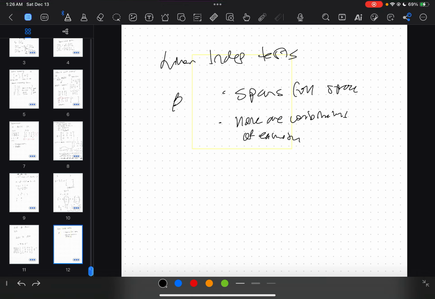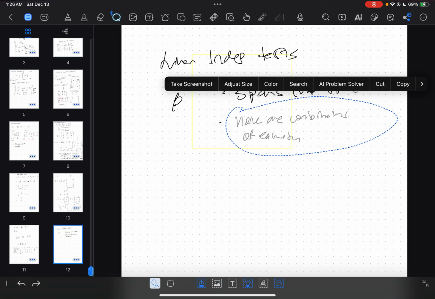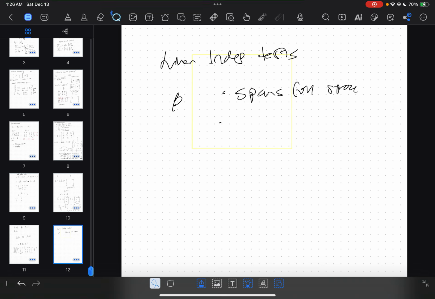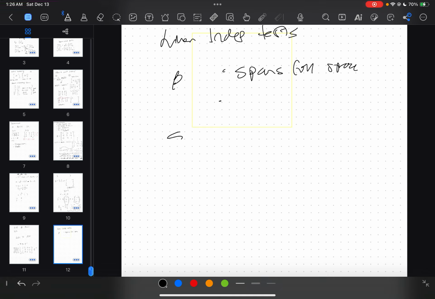Oh wait, that's for checking if it's a valid basis, but that's not what we're talking about. Linear independence, though, for a basis, by definition, it spans the space, and it's stuff about linear combinations. So you just need to know how to do those.